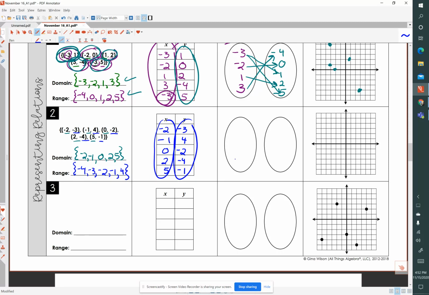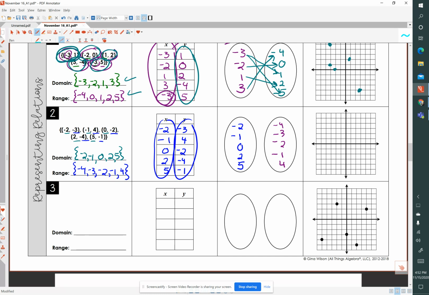I'll list them in order in my mapping diagram, starting with my domain, which is -2, -1, 0, 2, 5. Then I'll put the range, again, starting least to greatest: -4, -3, -2, -1, and 4. And now I will map them together.